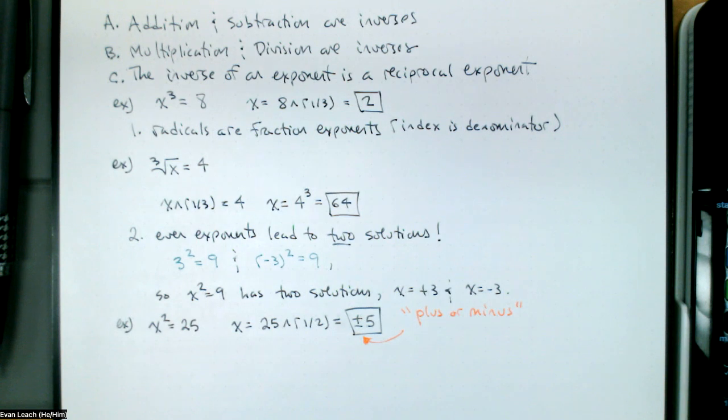It means there are two solutions, a plus 5 and a negative 5.